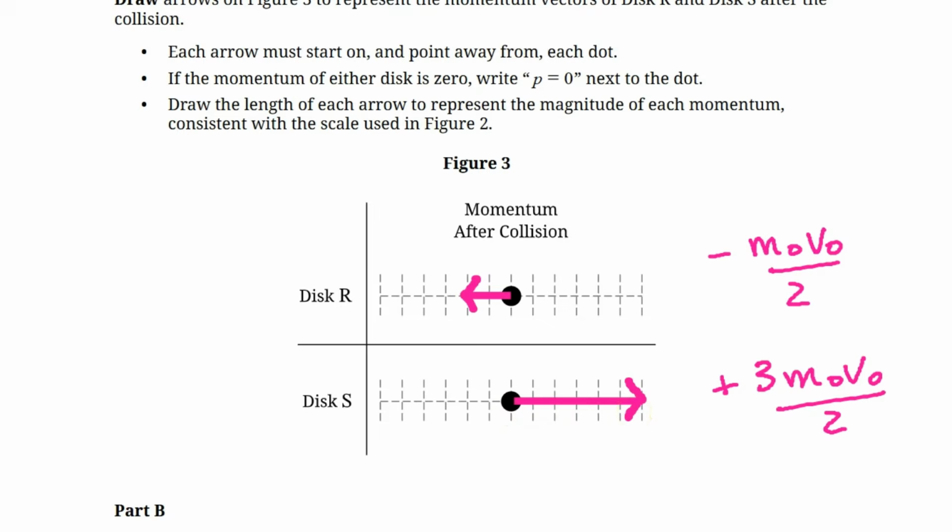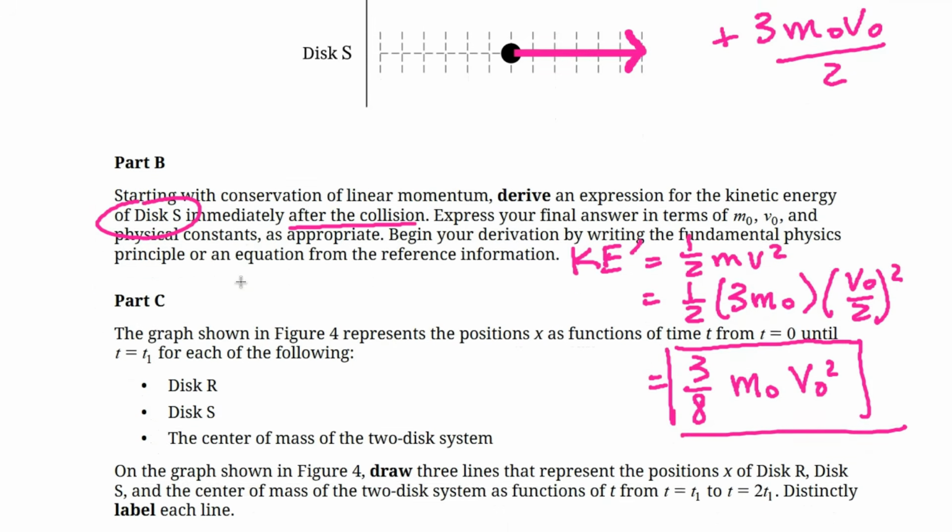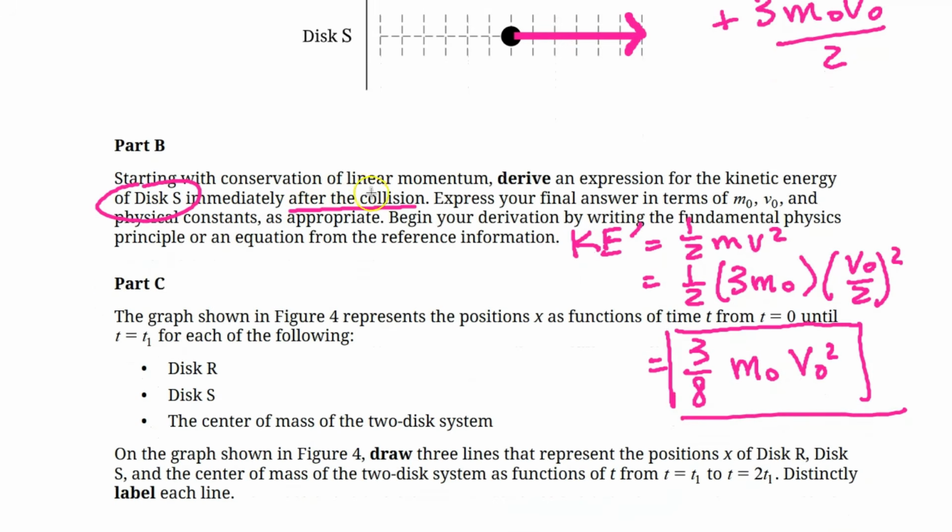Part B. Starting with conservation of linear momentum, derive an expression for the kinetic energy of disk S immediately after the collision. Express your final answer in terms of m0, v0, and physical constants as appropriate. Begin your derivation by writing the fundamental physics principle or an equation from the reference information.